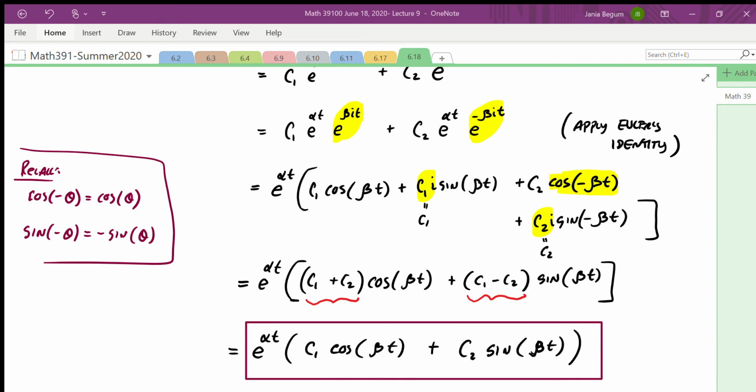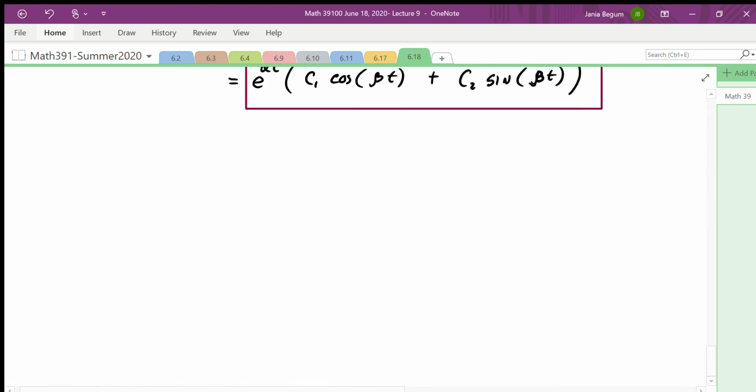All right. Okay, so let's do another problem. Let's do an initial value problem. This is example 3. So solve the initial value problem.